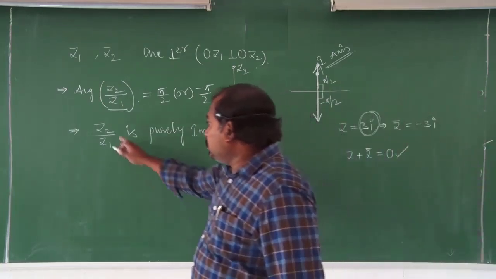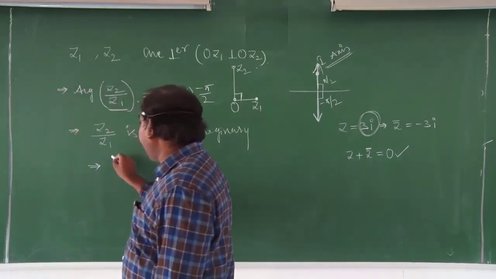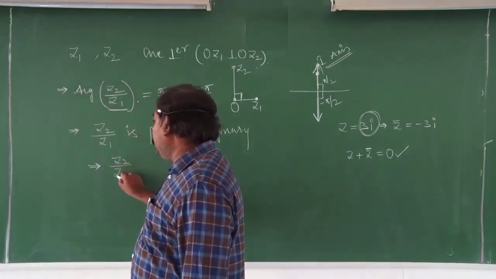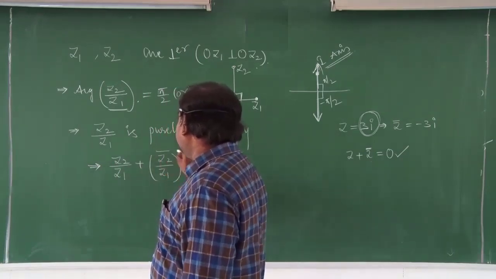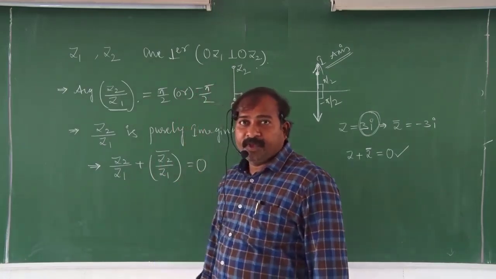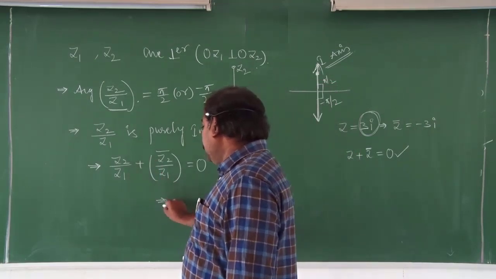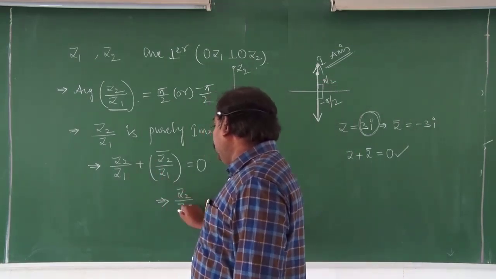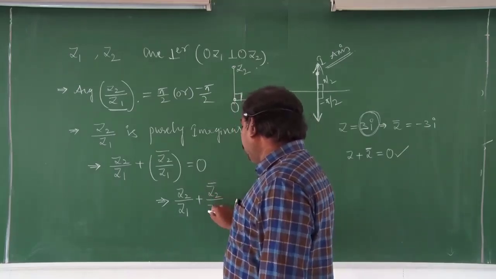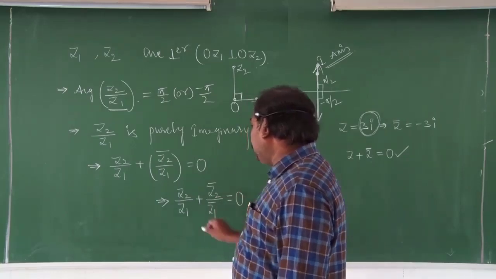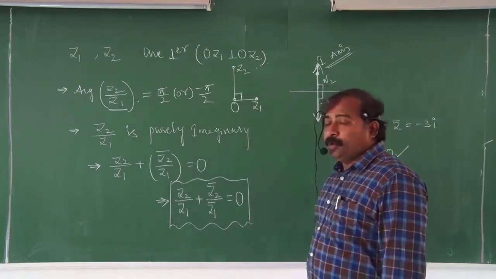So since the complex number is purely imaginary, immediately on that basis we get Z2 by Z1 plus conjugate of Z2 by Z1 is equal to 0. According to conjugate properties, I can split this as Z2 by Z1 plus Z2 conjugate by Z1 conjugate is equal to 0. So this is also one more important point.